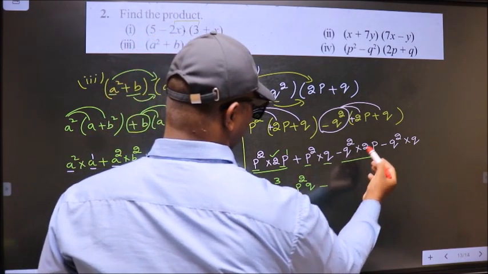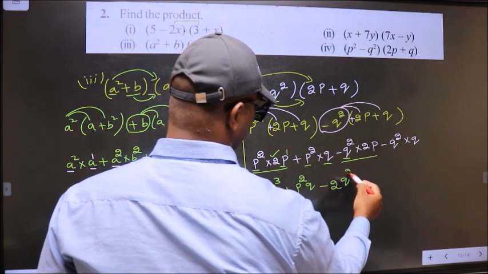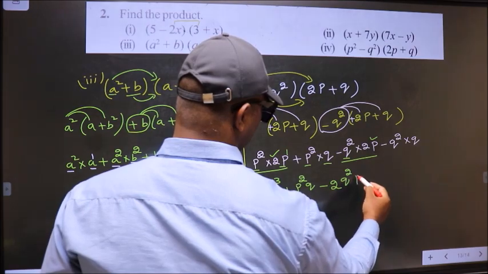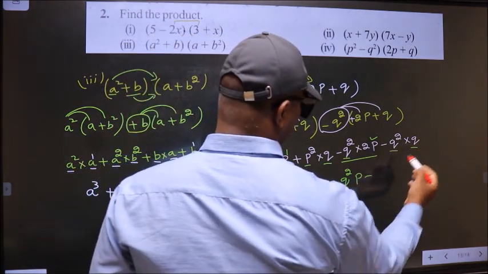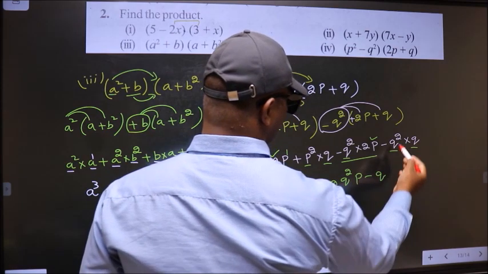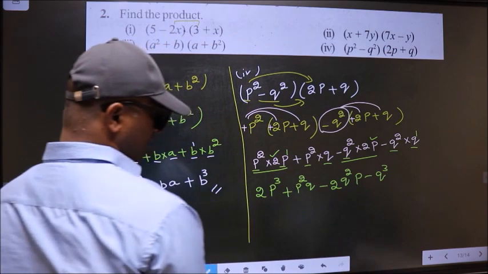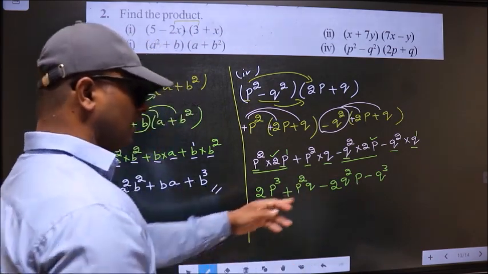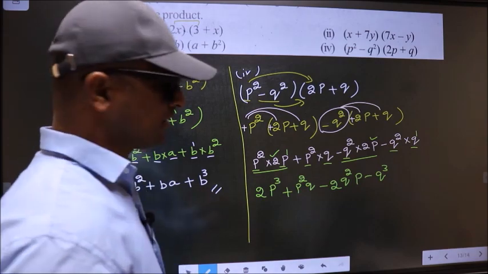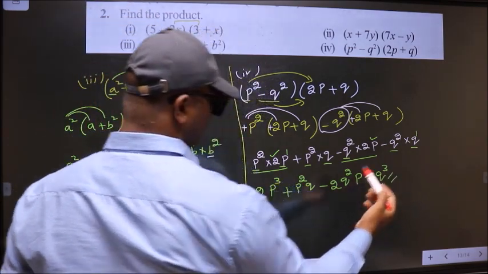Minus, in this number first 2. q square appeared only once, so q square, p appeared only once, so p, minus. Now q into q square, write q, add the powers 2 plus 1, 3. Now, in this, all are unlike terms. So it cannot be simplified further, so this is our answer.